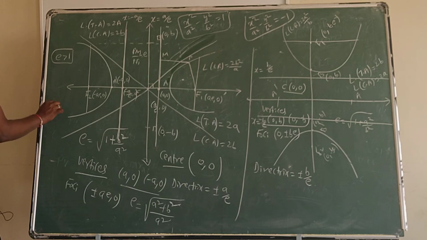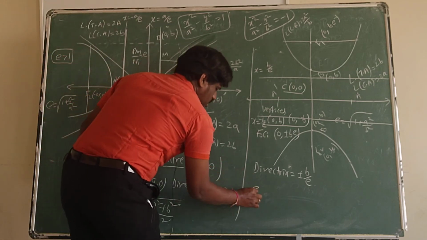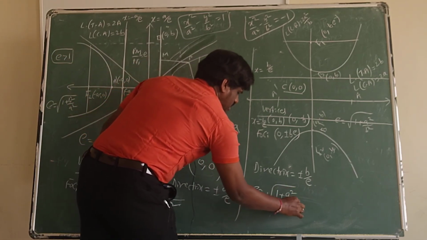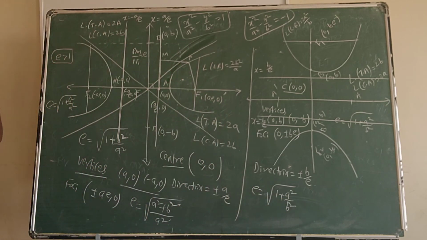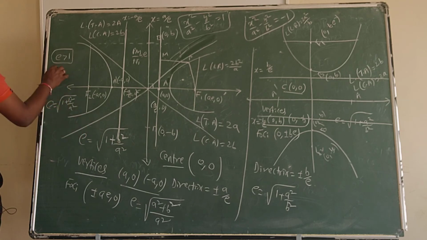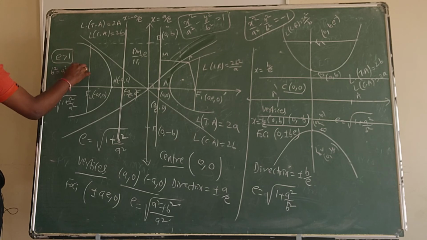e is equal to under root of 1 plus b square by a square. In this case, e is equal to under root of 1 plus a square by b square. Eccentricity is done. You can also write another form and remember it. If you square this one, you get another equation: b square is equal to a square into e square minus 1.